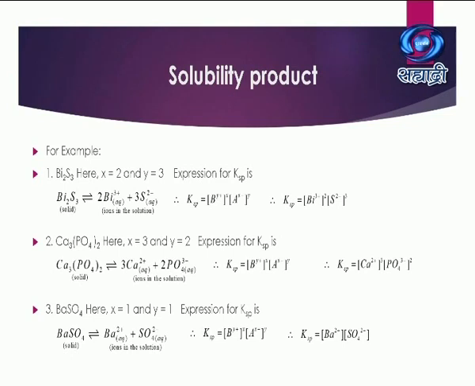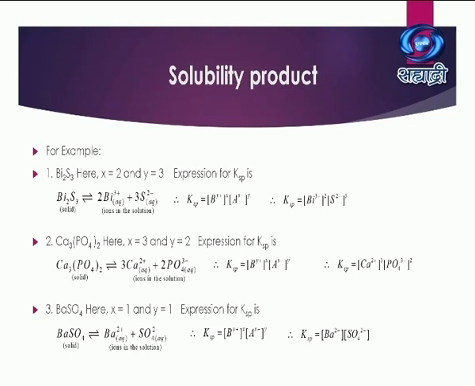Now what is our general expression of Ksp considering BxAy salt? Ksp is equal to the active mass of B^(y+) raised to x into the active mass of A^(x-) raised to y. So substitute, the cation is Bi^3+, x is equal to 2 and y is equal to 3, and the anion over here is S^2-. So the expression is Ksp is equal to the active mass of Bi^3+ raised to 2 into the active mass of S^2- raised to 3.